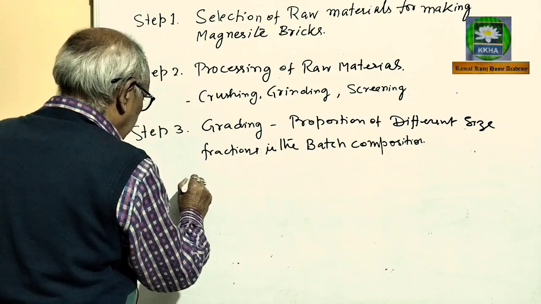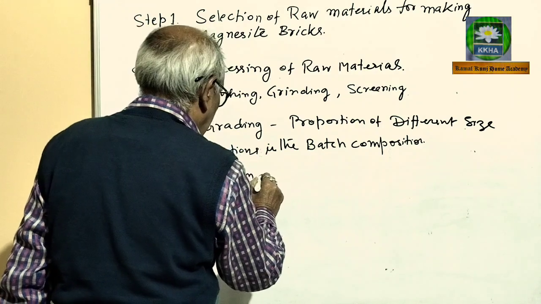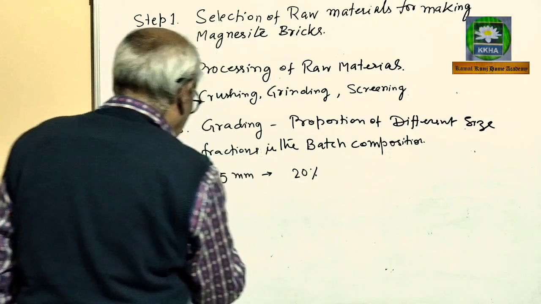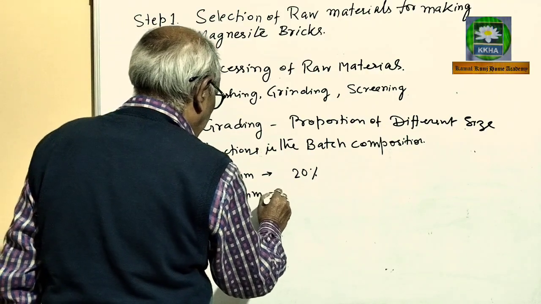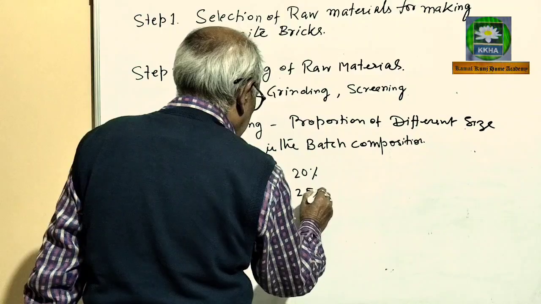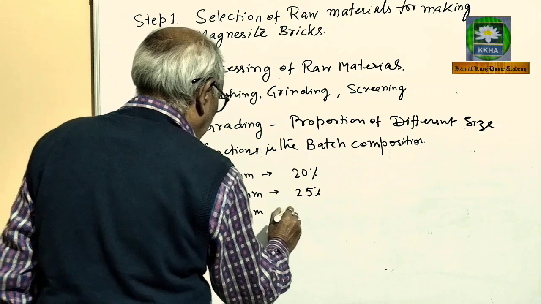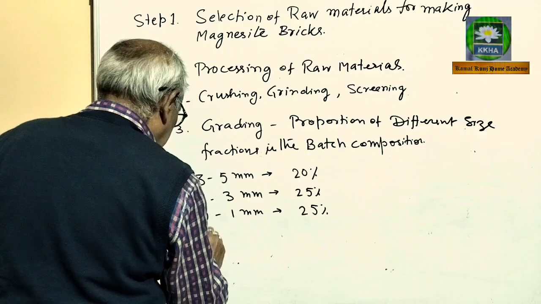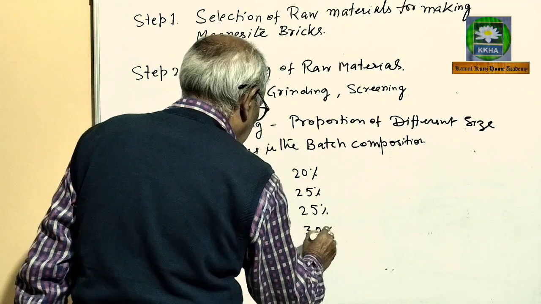Generally, grading is like this: 3 to 5 mm, around 20%, 1 to 3 mm, 25%, and 0 to 1 mm, 25%, and fines 30%.